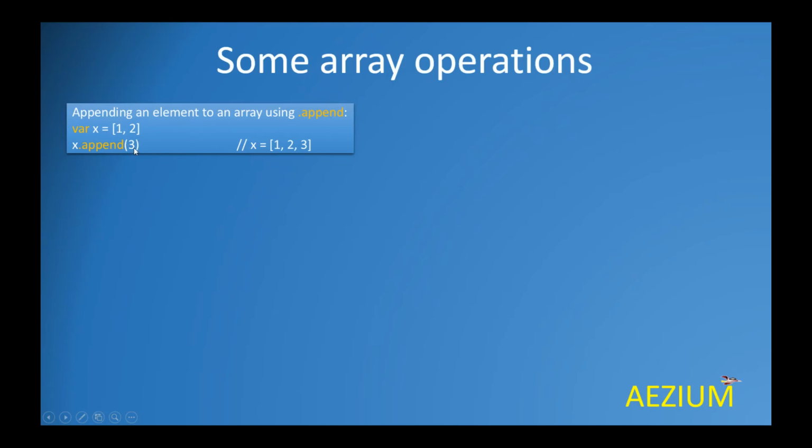Inside brackets we put the value that we would like to append to the end of our array. It is important to note that this value must have the same type as the elements of the existing array. So the outcome of this would be this, that x will become 1, 2, 3. 3 is appended to what we had before here.